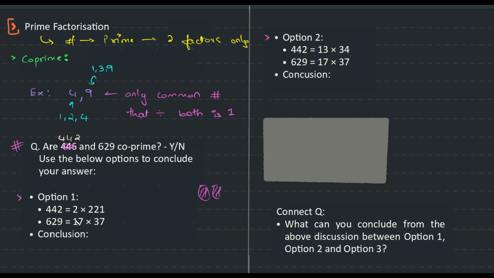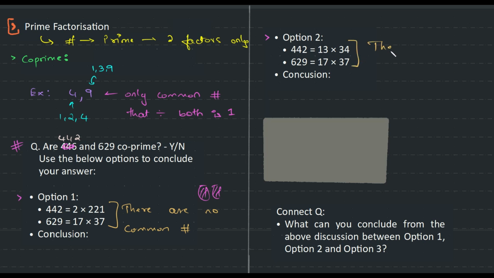So 2 is not over here. 221 is certainly not over here. And 17 is not over here. 37 is not over here. So clearly there are no common numbers. That's the conclusion that I can make. What about this? Here too, we don't have 13 anywhere, 17 anywhere, 34 anywhere, and 37 anywhere else.